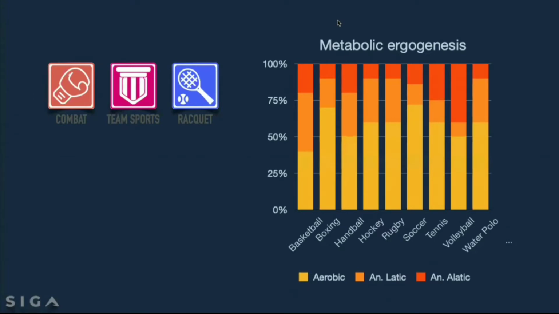You are close to using anaerobic alactic metabolism. And when you are recovering from this type of actions, you are mainly using aerobic metabolism. Of course, the data there is discretized. During a game or during a training session, everything happens in a varying way. Okay, there is a lot of variability.